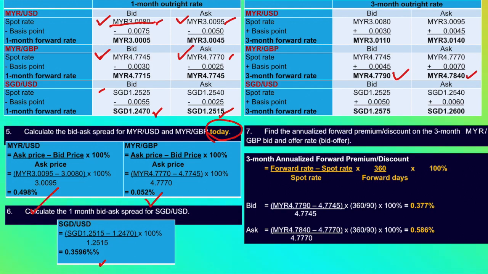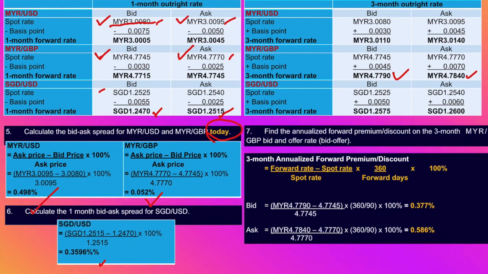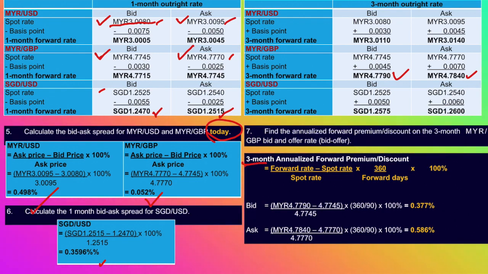So 4.7790 for bid rate minus spot rate 4.7745 times 360 divided by 90 days because 3 months. So you will get the answer for bid and ask rate.